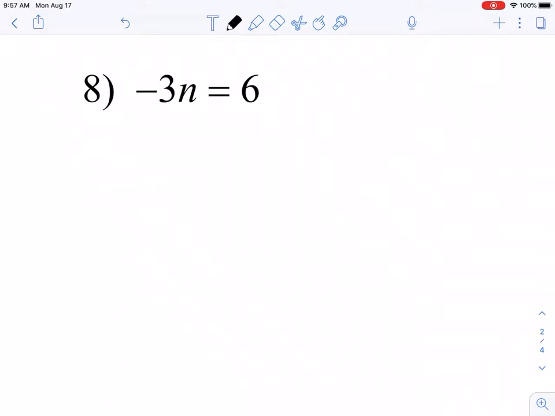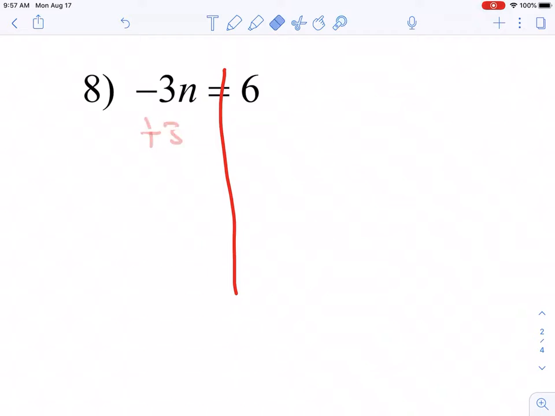In number 8, we have a -3 multiplying with n. Whenever we see a number directly next to a variable, it means that it is multiplying. So even though this is a -3, we could not add 3 to cancel these out because this is multiplication and we cannot cancel out multiplication with addition.